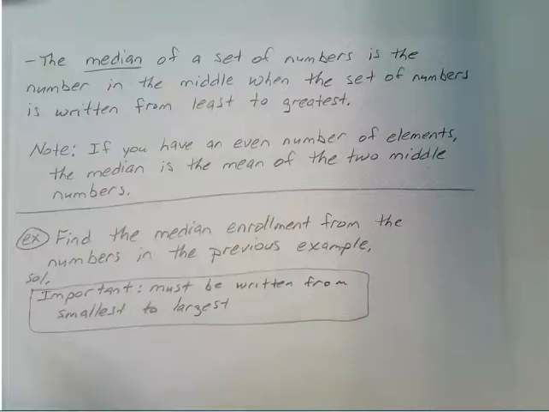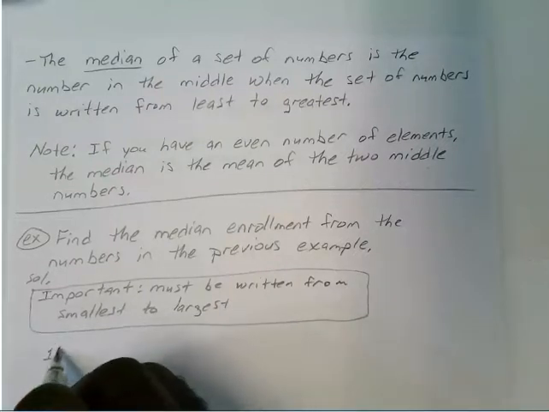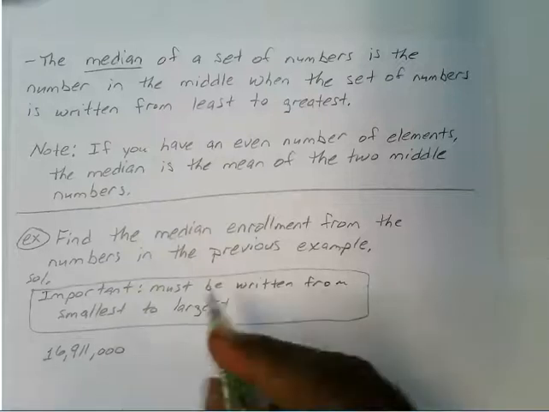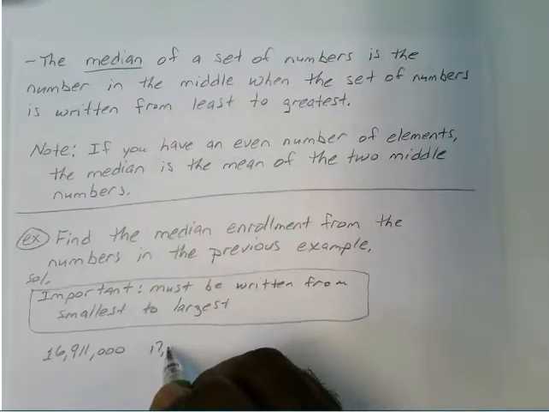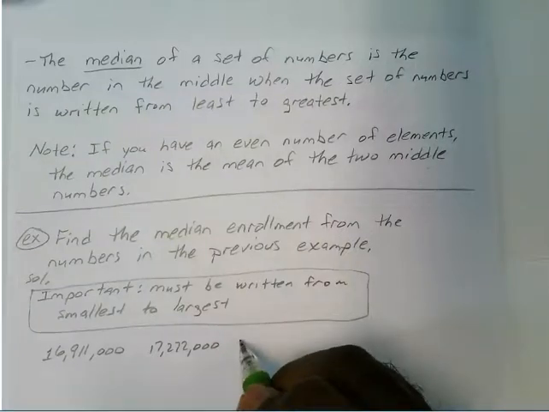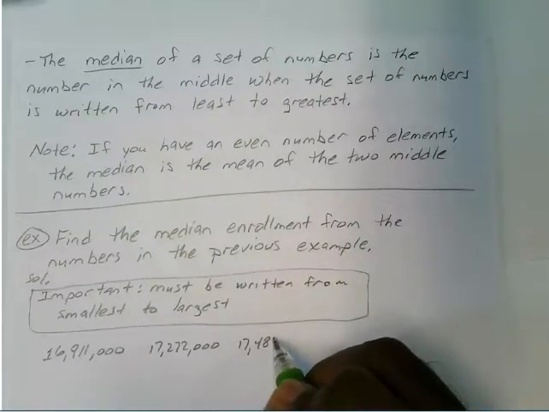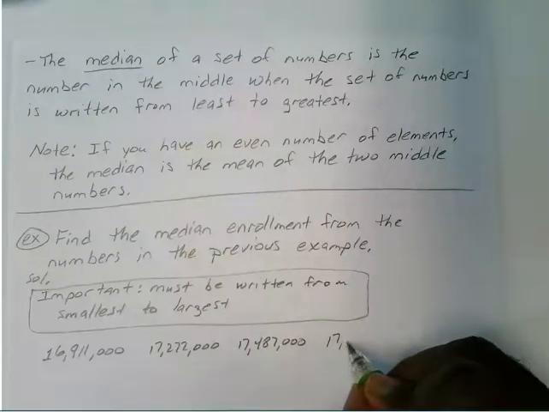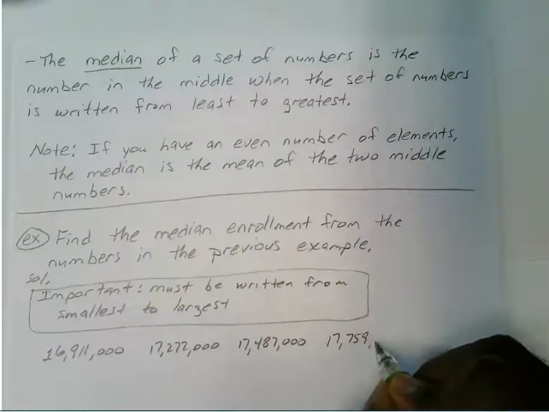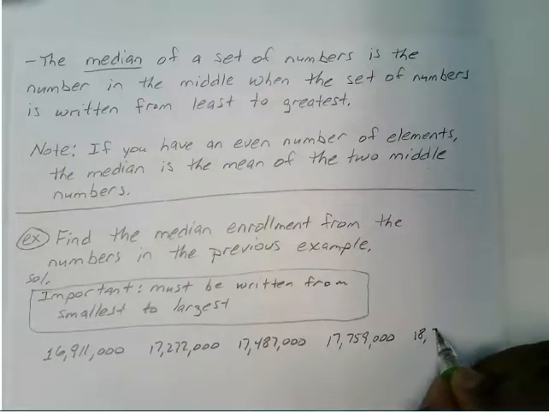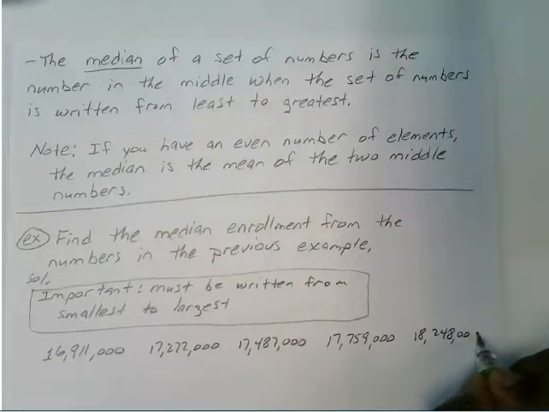On the previous example, you have 16,911,000, 17,272,000, 17,487,000, 17,759,000, and 18,248,000.